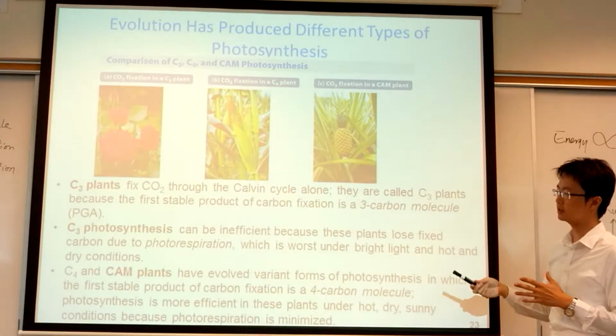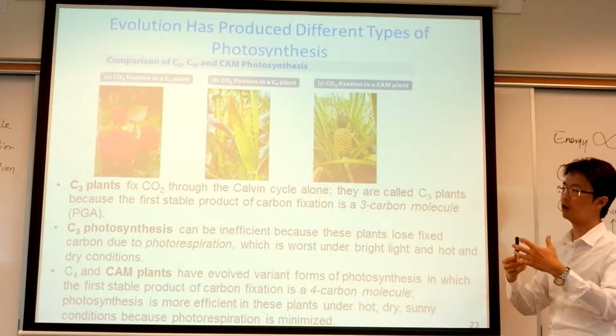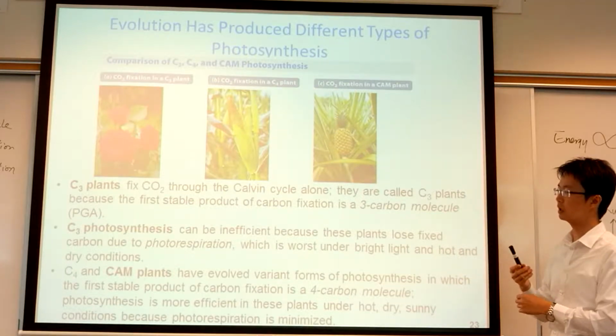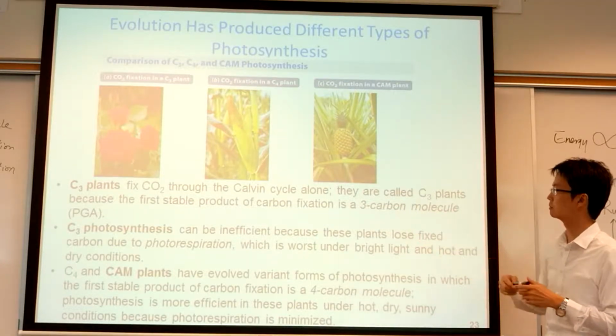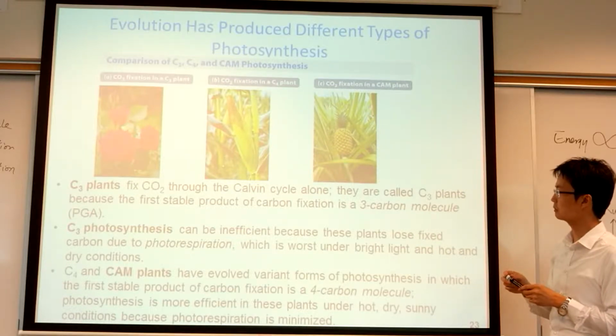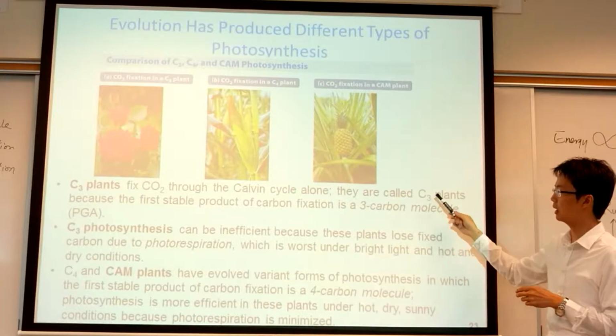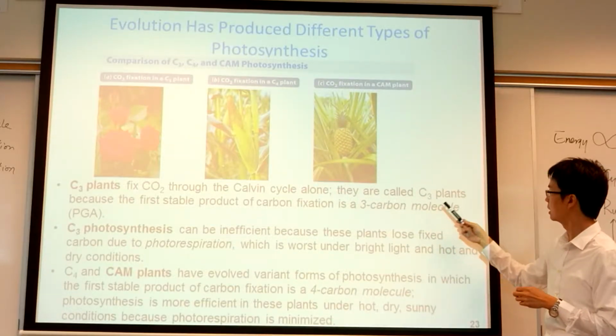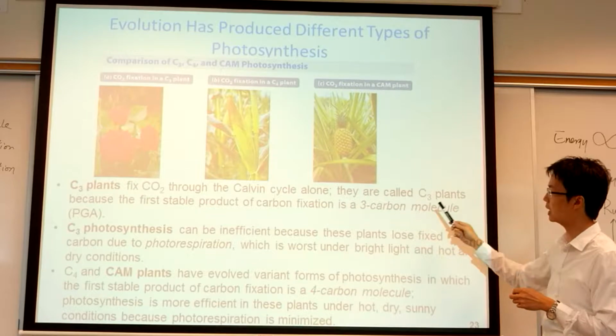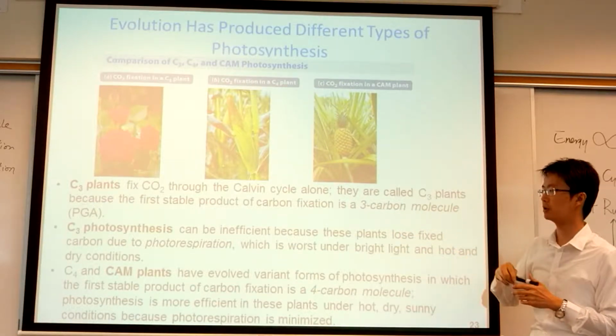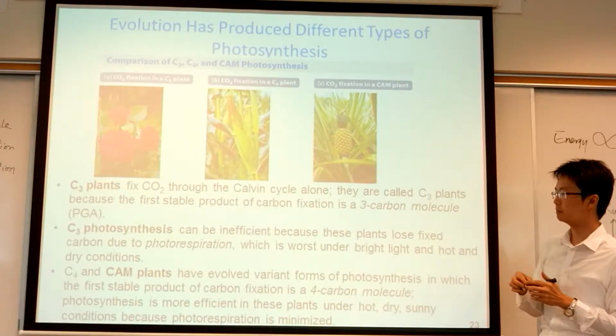They so-called fix, or convert, carbon dioxide into G3P in the Calvin cycle. The reason we call it a C3 plant is that PGA, which we mentioned here, is a 3-carbon molecule.